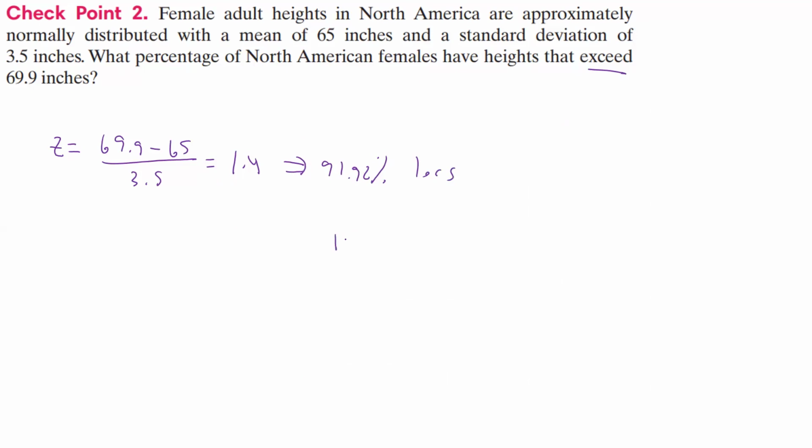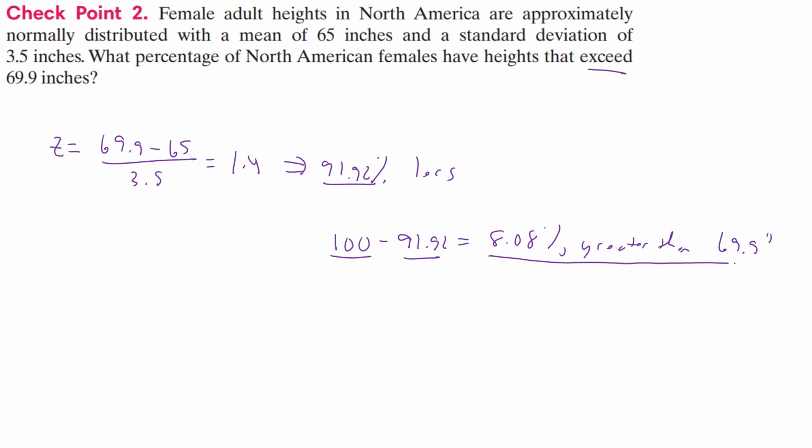So to get the more, I'm going to take 100 minus 91.92, and that gives me 8.08% that is greater than 69.9 inches. So I had to take the total minus what I found here, and that gives me the actual value that's greater than 69.9 inches.